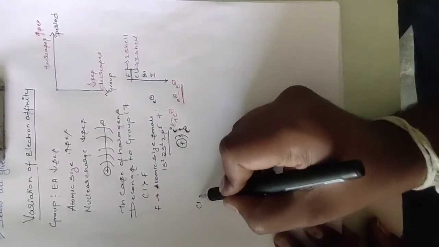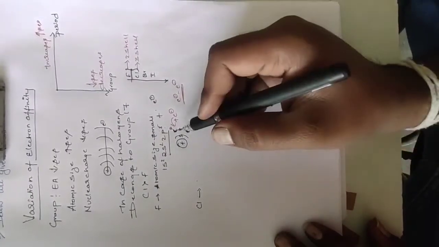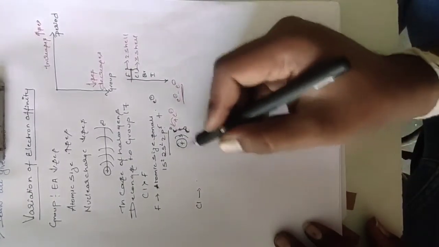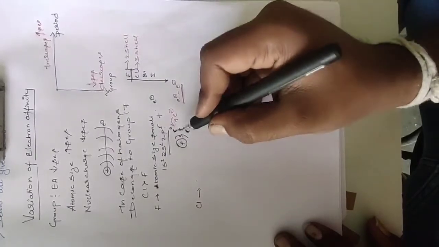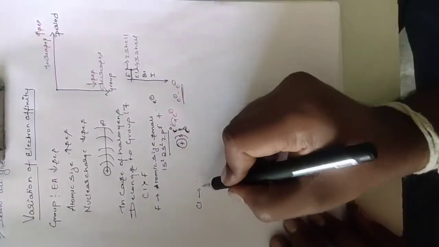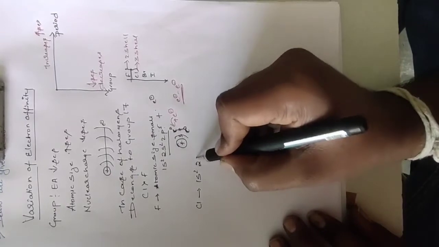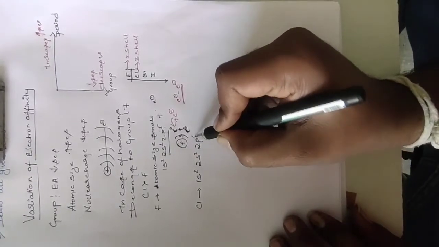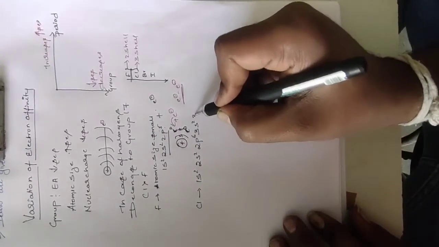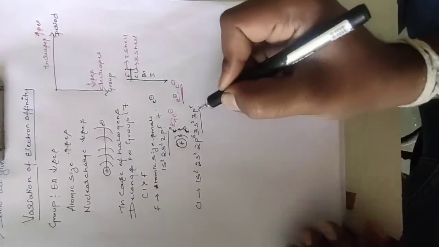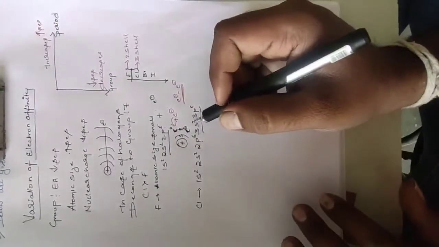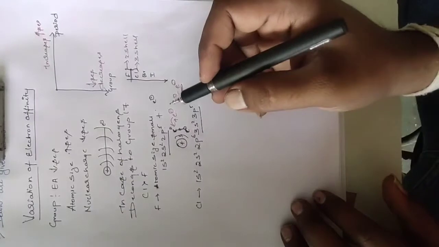If you talk about chlorine, the atomic size is quite big, correct? Because the third shell comes, we write 1s2, 2s2, 2p6, 3s2, 3p5. Here you see repulsion occurring.